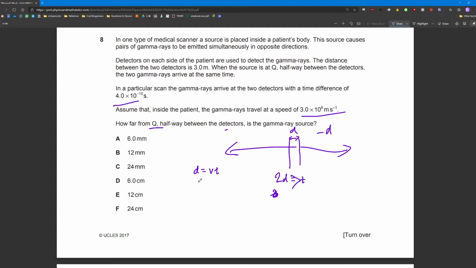This is not an equation. d is vt, or 2d, the difference, is what would be traveled in this time gap.